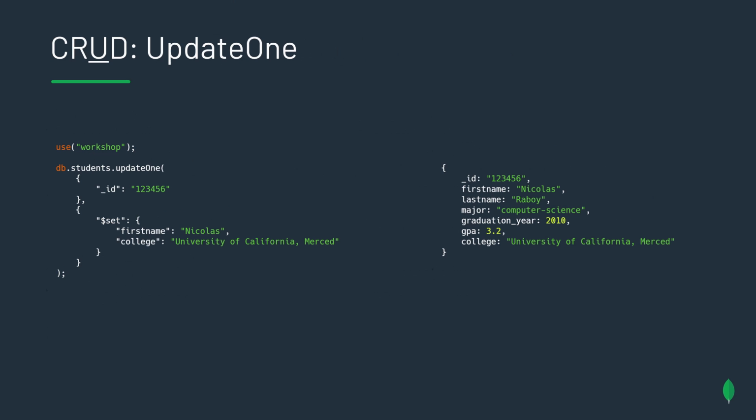If first name or college exists already, that field will be replaced with whatever we have set. If that field doesn't exist, so let's say college did not already exist in that document, because it doesn't need to be, it's a NoSQL database, it'll go ahead and add that field to the document. It won't just fail.